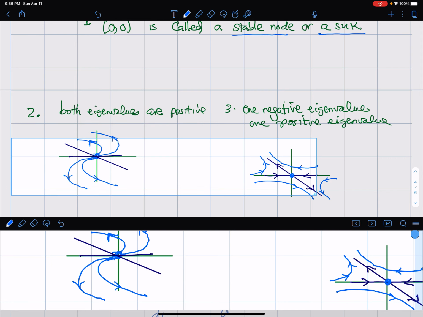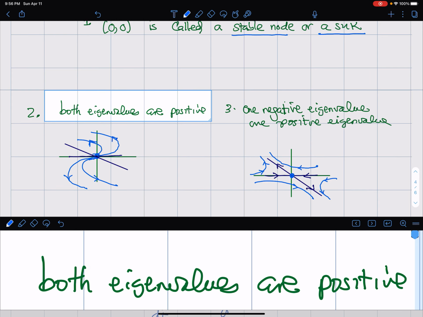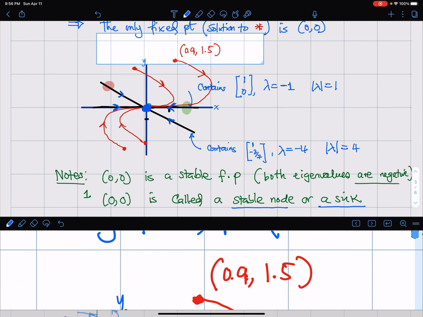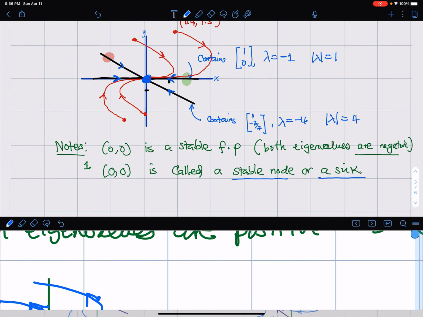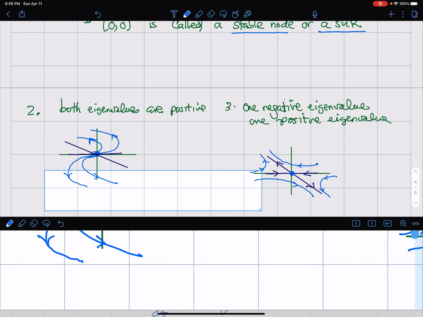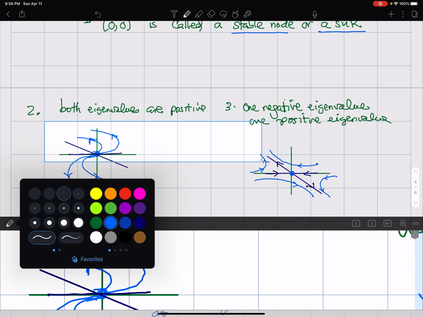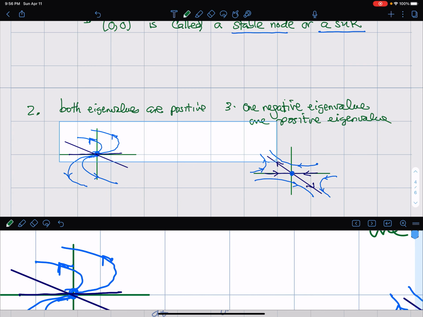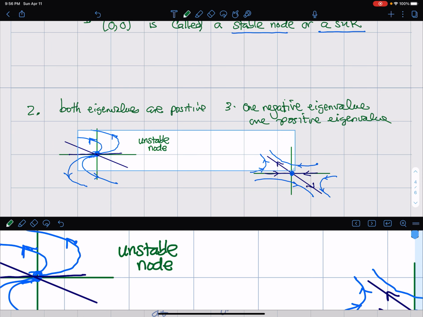And in this situation where both eigenvalues are positive, as opposed to both eigenvalues being negative here, the arrows point outward. And in this case, the fixed point is called an unstable node or a source.